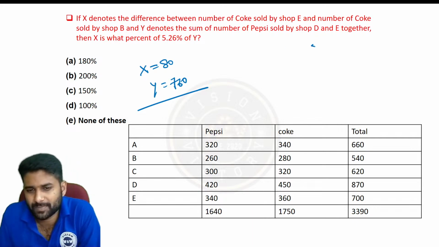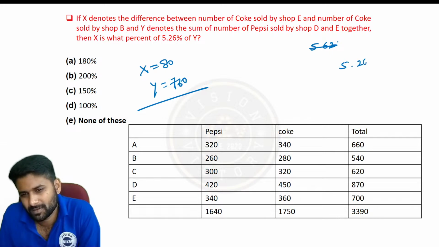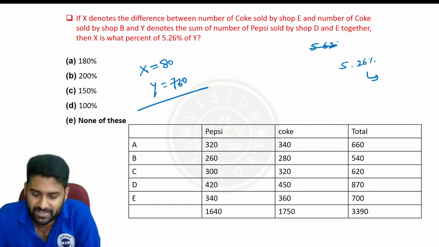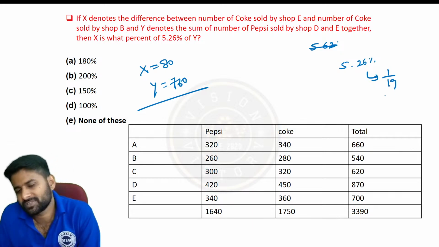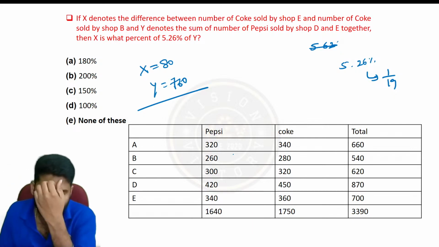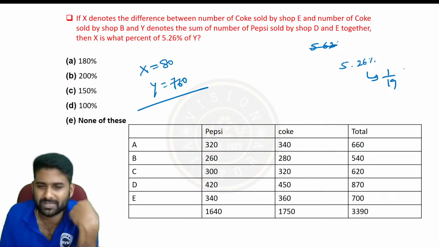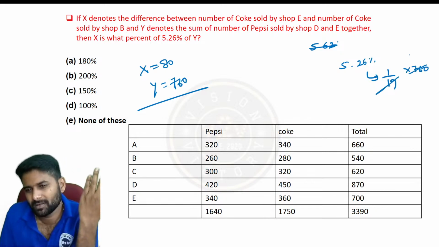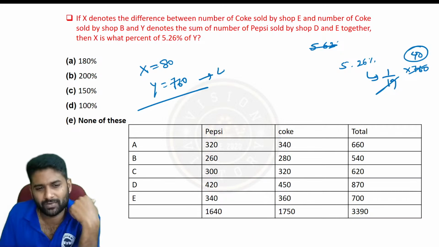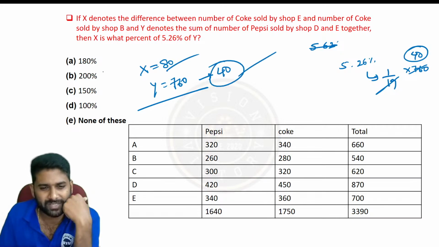The calculation depends on that value, 5.26 percentage, right? So if you convert this value into a fraction, you will get the answer. So try to learn all the fractions from 1 to 25, guys. If you remember that, you can save your time. Here Y value is exactly 40. Now 80 is what percentage of 40?